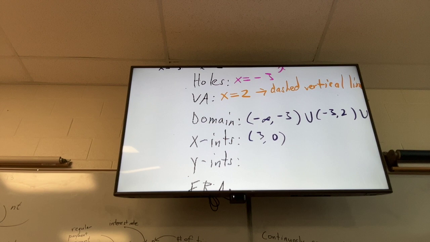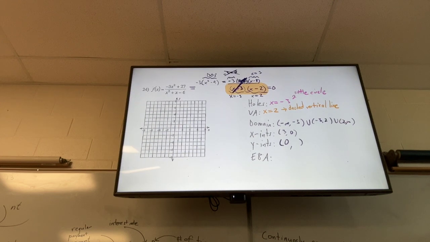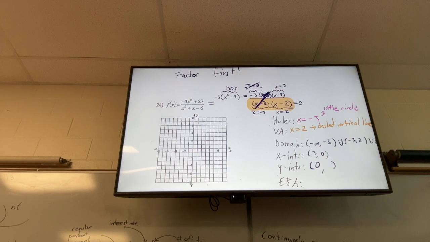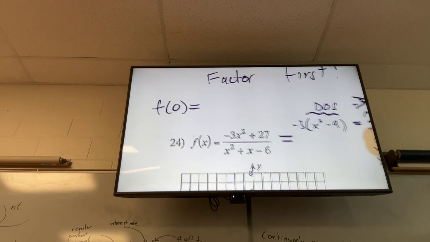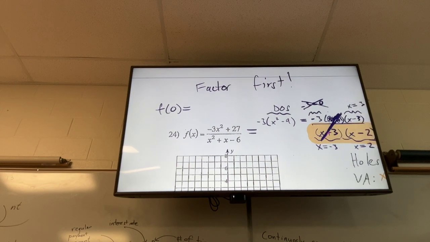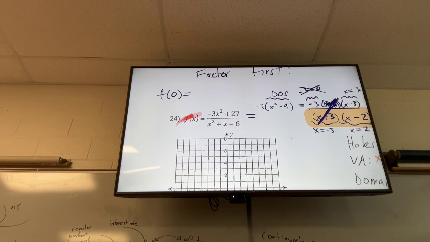Okay. A y-intercept has which coordinate that's always 0? X. Yeah. Okay. Then how do we find that missing y coordinate? We plug in. We do f of 0. Plug in 0 for x, okay, and that's going to give you the y coordinate of your y-intercept. So you can use either your factored form, or you can use your original unfactored form for finding f of 0.